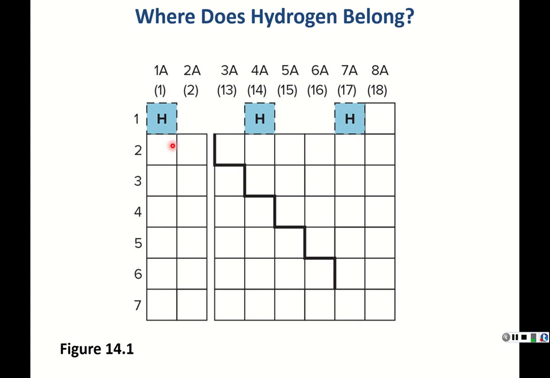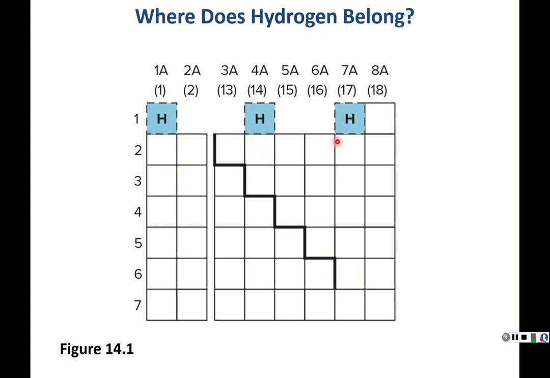That's because of the electron configuration, right? It has one s electron, and all of these have valence electron configurations with one s electron. So that's why it's generally put there, but it's not really a metal, right? It's not solid, it's a gas. So does it really belong there?